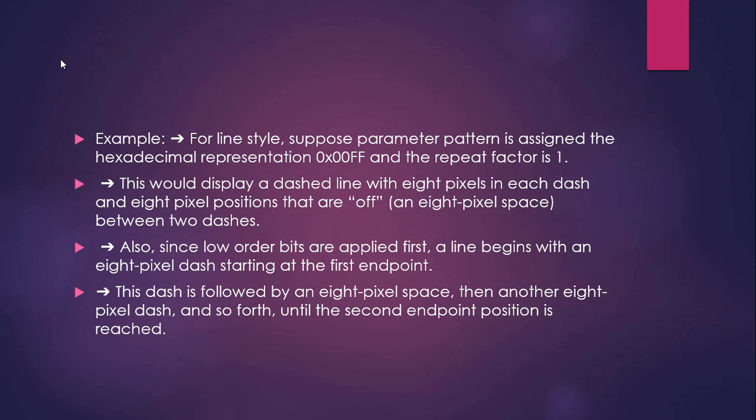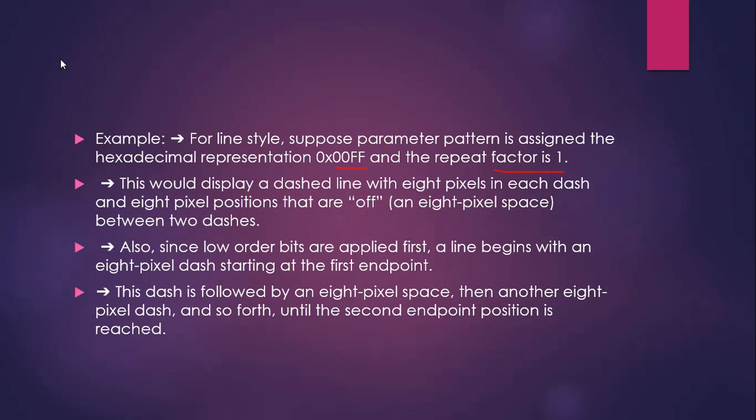For example, for line style, suppose the parameter pattern is assigned the hexadecimal representation 00FF, and the repeat factor is 1. Whenever you represent these kinds of patterns on the display screen, remember that with pattern 00FF and repeat factor 1, this would display dash lines with 8 pixels in each dash and 8 pixel positions that are off between the two dashes.